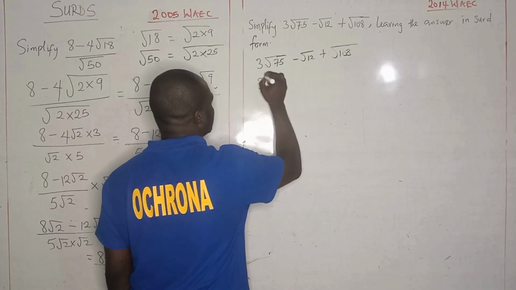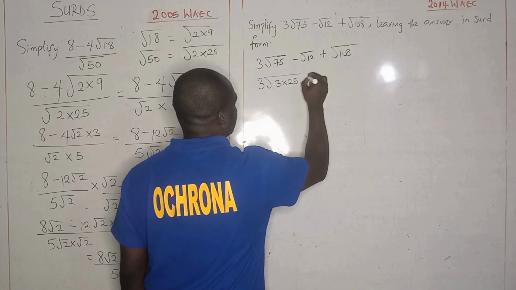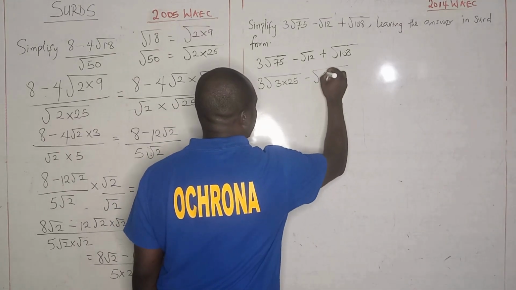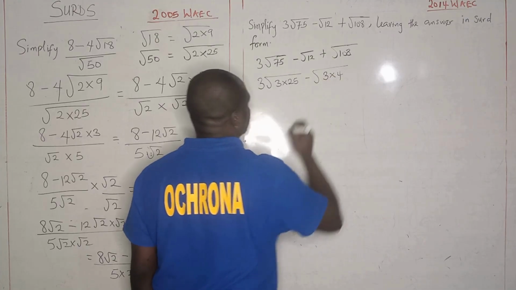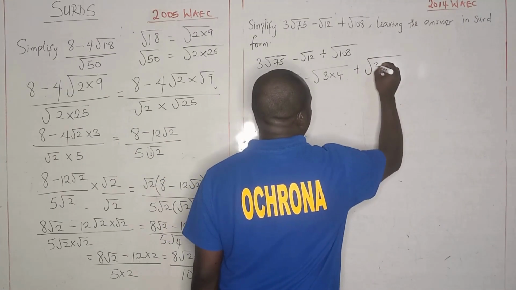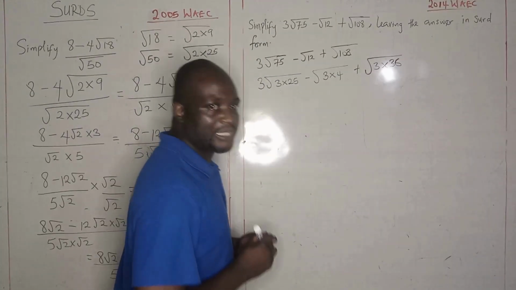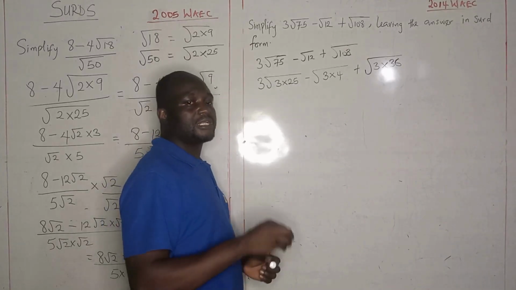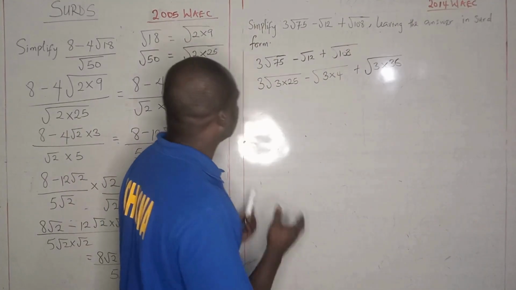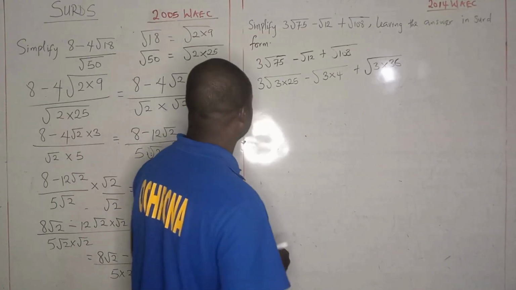That means 3 root 3 times 25 minus root 3 times 4 plus root 3 times 36. Now, remember what I said? Always look for numbers that have square roots. And you can agree with me that the job is almost done.